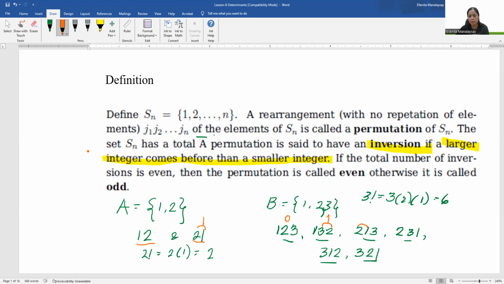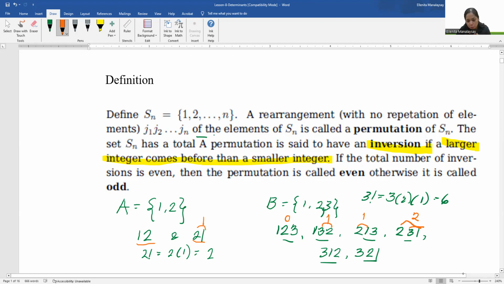Aside from this, there is no instance that the larger integer comes before the smaller one, so there is one inversion. Now in the case of 2, 3, 1, 2 comes before 1 and 3 comes before 1, so there are two inversions. There are two instances where the larger number comes before the smaller number.